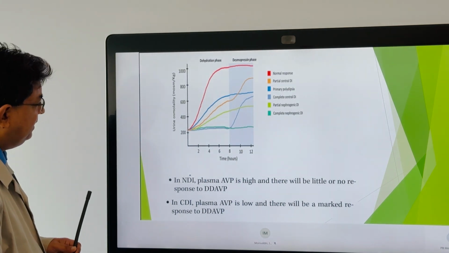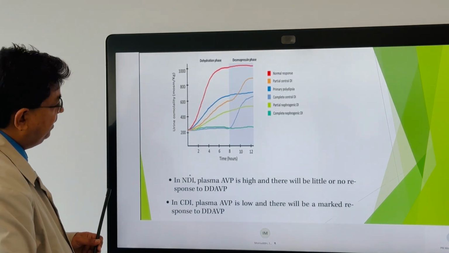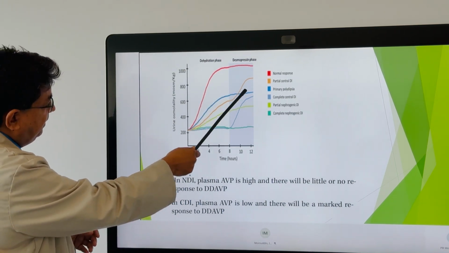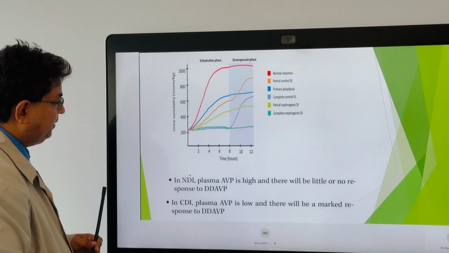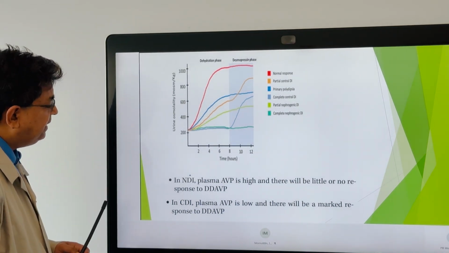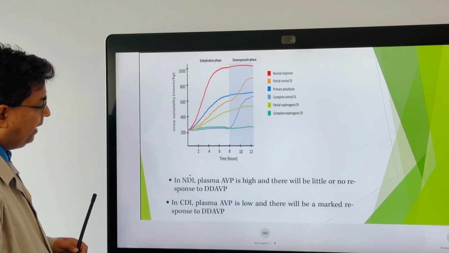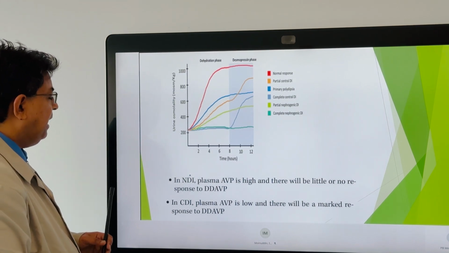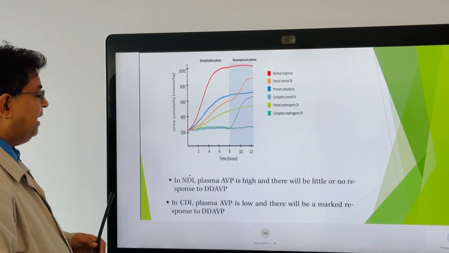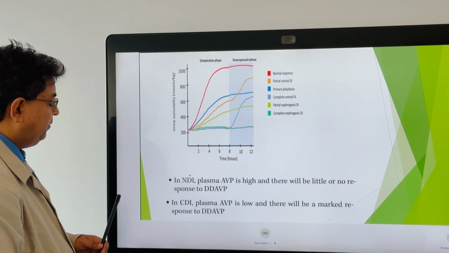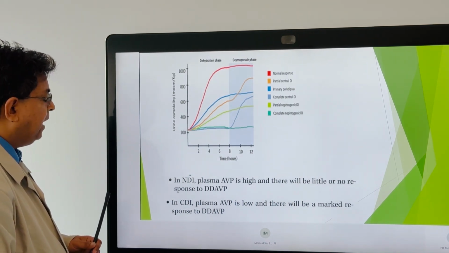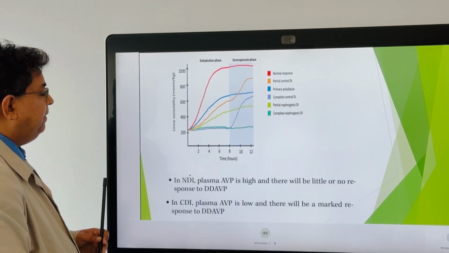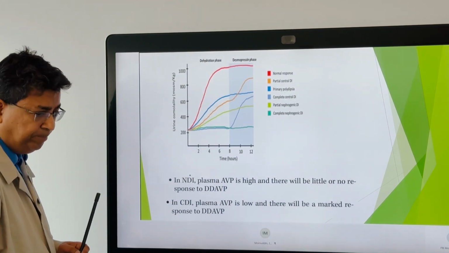In primary polydipsia, the urine osmolality does improve in the dehydration phase, but does not improve with desmopressin. In nephrogenic diabetes insipidus, plasma AVP is high, and there will be little or no response to DDAVP. In central diabetes insipidus, plasma AVP is low, and there will be a marked response to DDAVP. The plasma AVP level may not come back immediately because it's usually a send-out test.